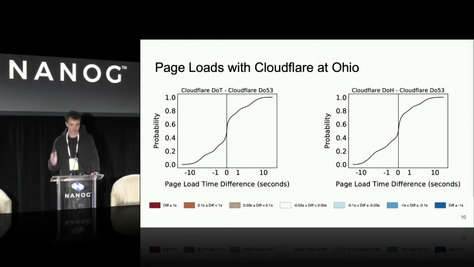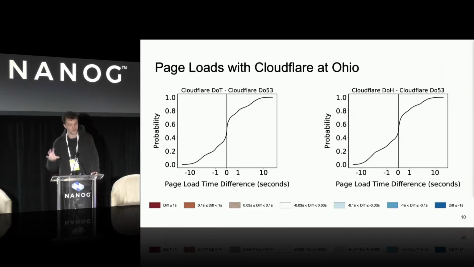The vertical line you see in the middle is the median. So basically, if you're looking at DoT, DoH, and DoH in terms of page load times, in the median case, they're all performing very similarly. There doesn't seem to be an observable difference between the protocols in page load times.